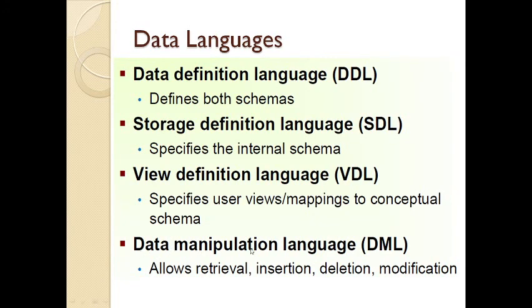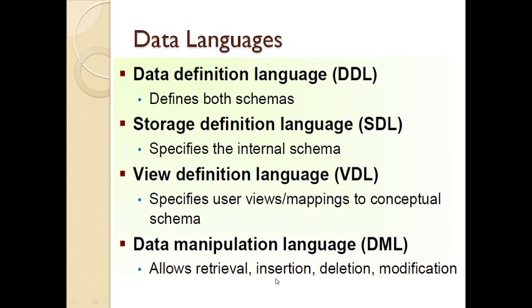The last language, data manipulation language, is about how the present content of the data is handled. When we create a table, that is the student information table, many students will be registering, which means the data is being inserted. Then some student will leave the college, their details have to be deleted, some student details have to be modified based on the requirements.